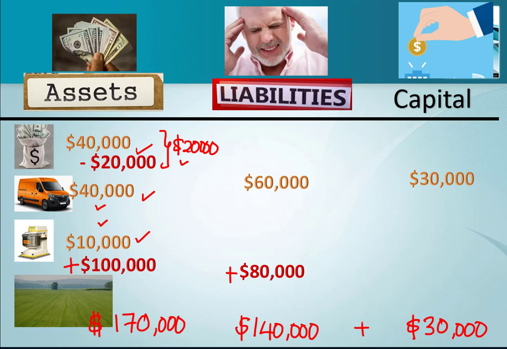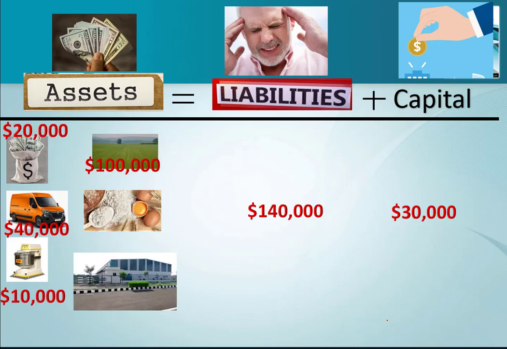So if you total this figure, you will get 170,000 is equal to 140,000 plus 30,000. This is just an example. When you purchase an asset, a portion of it was paid by cash and the balance was borrowed from the bank.